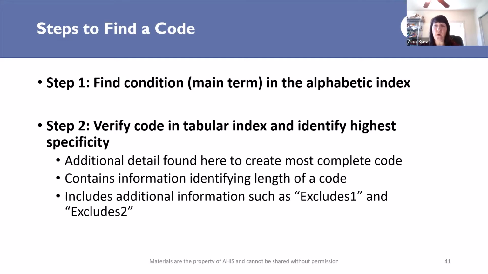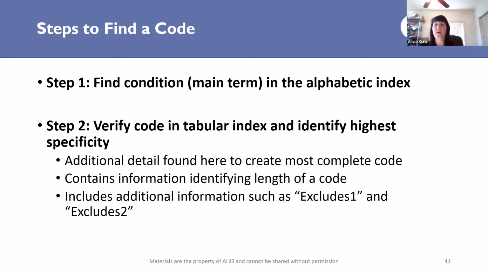So let's talk about the steps to finding a code. Step one, you're always going to look up the main term in the alphabetic index. Remember, those are the gray pages at the front of your book. Then once you get that code, you're going to verify it in the tabular and get it to the highest specificity that you can find.